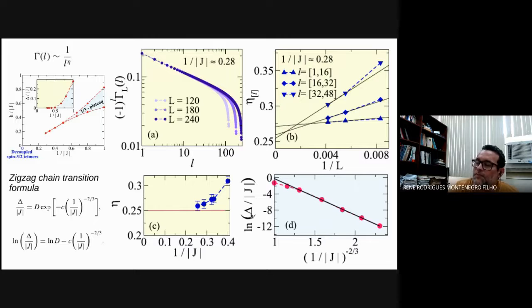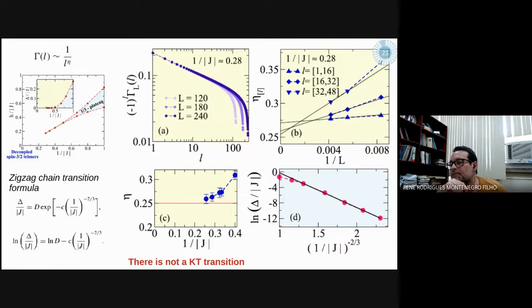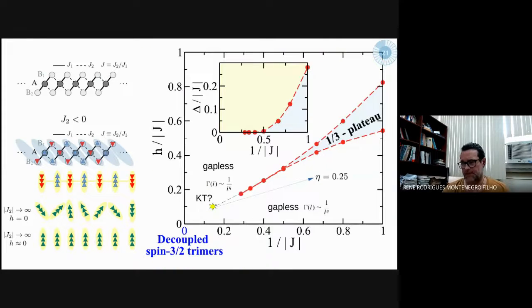So our results point that there is not a Kosterlitz-Thouless transition. The system closes the gap only for J2 equal to minus infinity, in the decoupled spin 3/2 trimers limit.